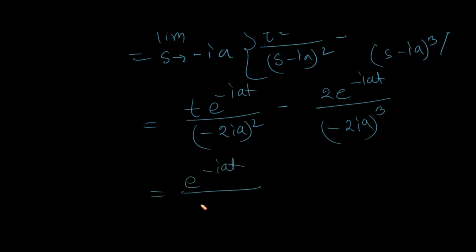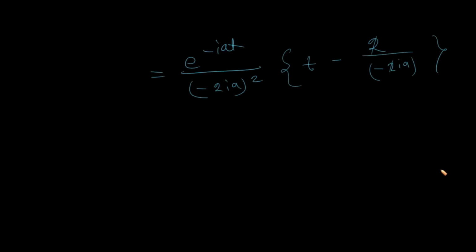So let's try to do that. Whole squared times t minus, what do we have over here? We have a minus 2ia, right? And these two cancel out, and this minus cancels out, so it results in a plus something. So this will be iat, and you can keep it or you can evaluate it, it's your choice.